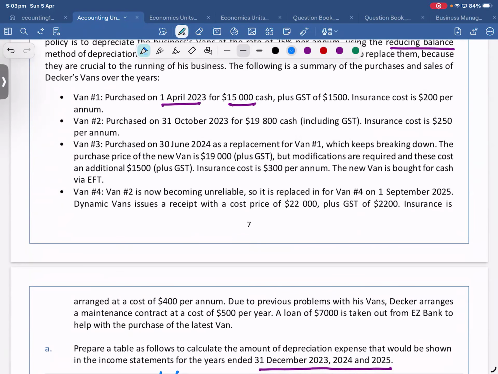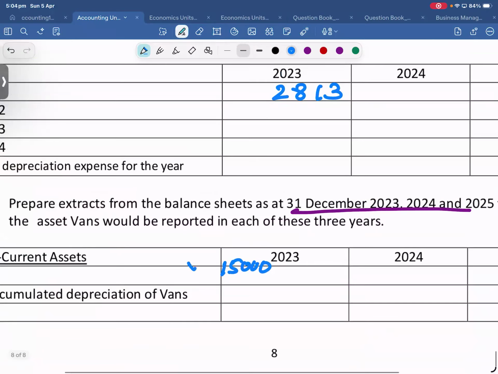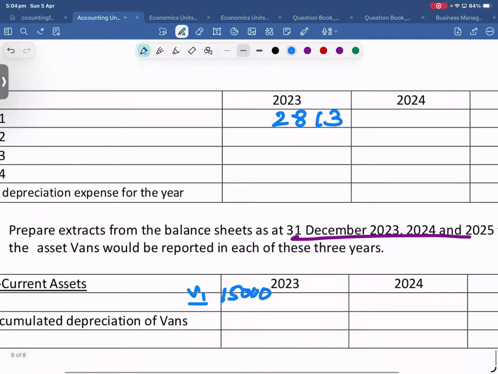For 23, the cost is 15,000. Okay, this is van one. We will first finish van one, it's easier.